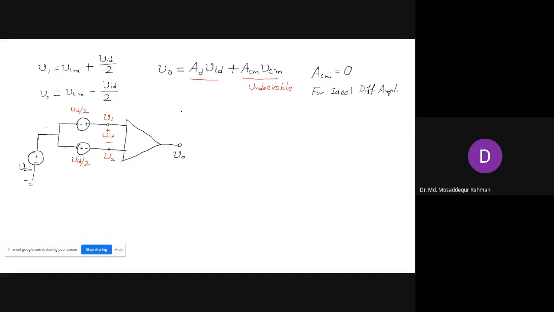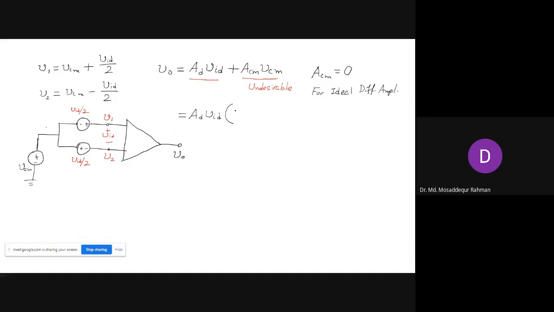Now, how do we quantify that effect of the common mode voltage in the output voltage? That is measured by another parameter called the common mode rejection ratio.